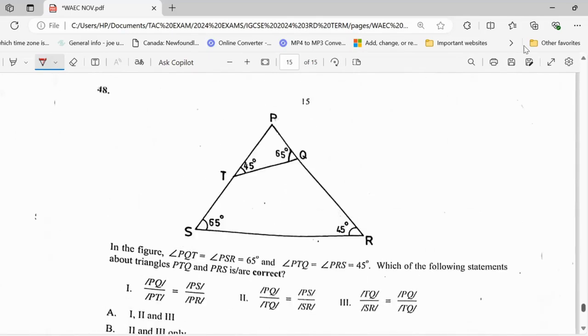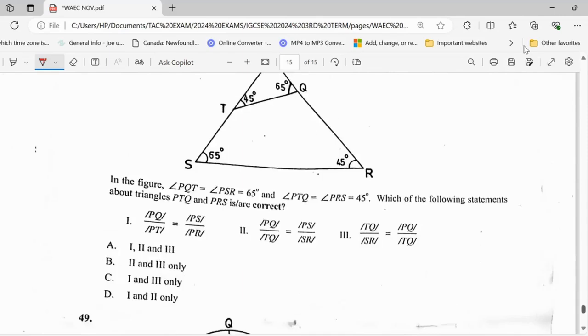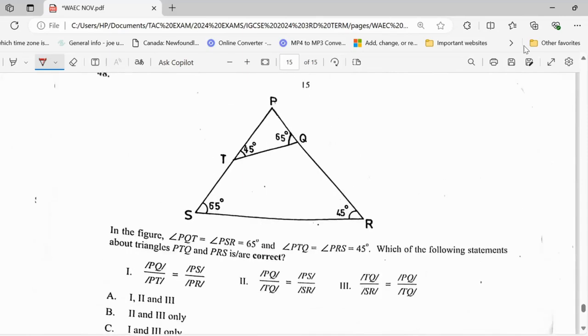Now, question 48. We are given this triangle here, PSR. And then there's another smaller triangle attached to it, that's triangle PTQ. So they said in the figure, angle PQT is equal to angle PSR, which is 65 degrees.